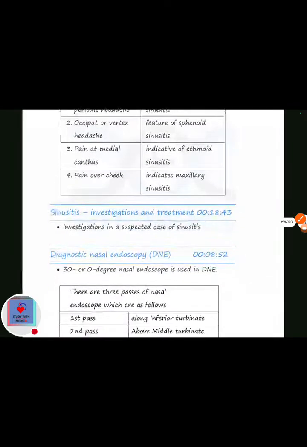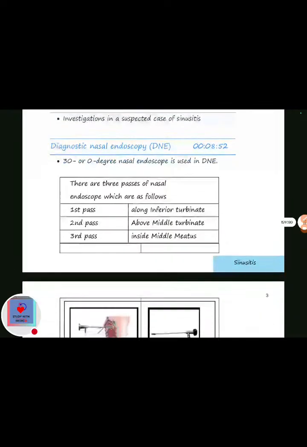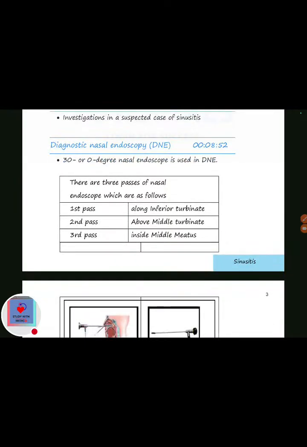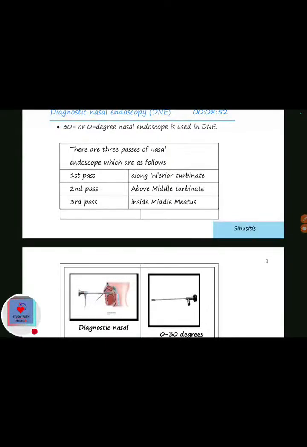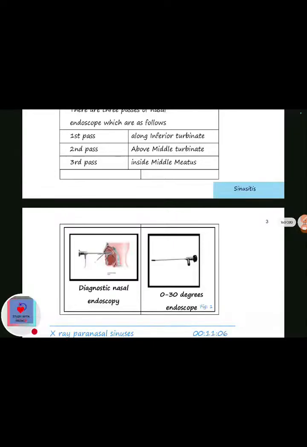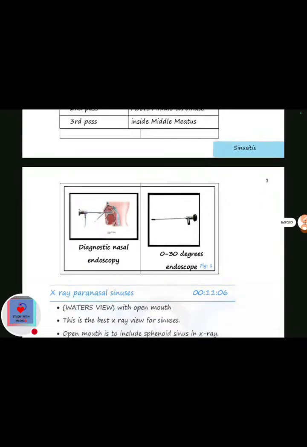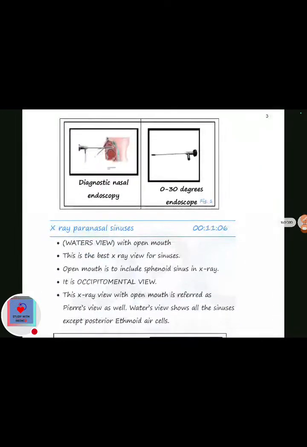Sinusitis investigations and treatment. A 30-degree nasal endoscopy is used in DNE, diagnostic nasal endoscopy. First pass along the inferior turbinate, then second pass above the middle turbinate, then third inside the middle meatus. Diagnostic nasal endoscopy, 30-degree endoscopy.